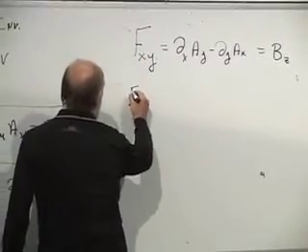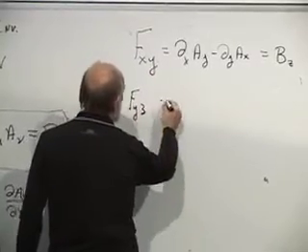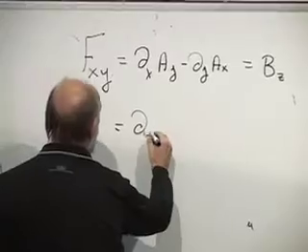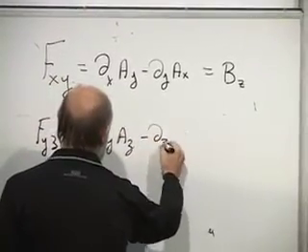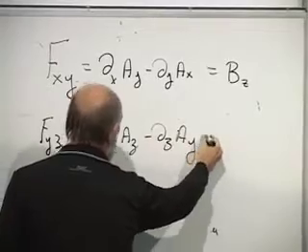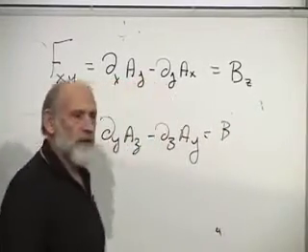So Fyz is equal to dyAz minus dzAy. And that's what? That's B, what comes after Z?